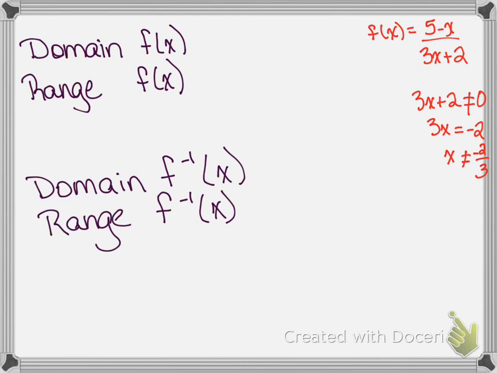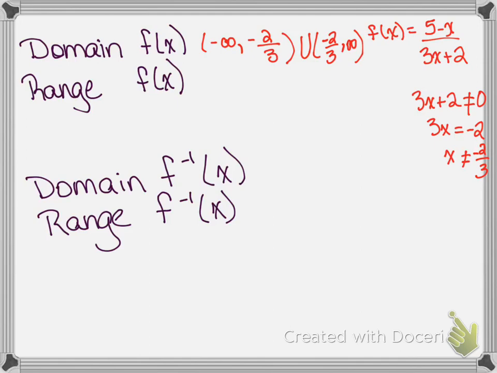Now, the way that I write that in interval notation is negative infinity to negative 2 over 3 union negative 2 over 3 to positive infinity. That is the domain of my original function.